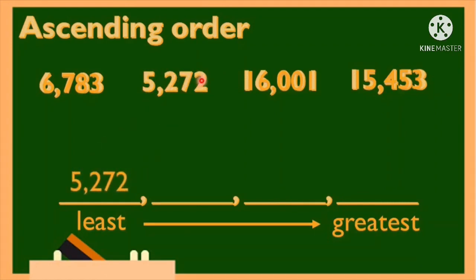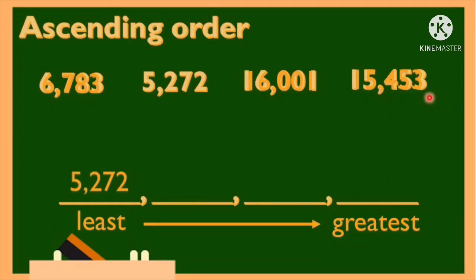Okay. Of course, after doing that, we need to find the greatest number. If you're talking about the greatest number, we need to concentrate on the numbers with 5 digits. So here we have 16,001 and 15,453.